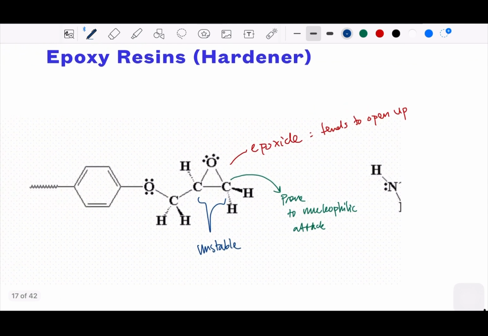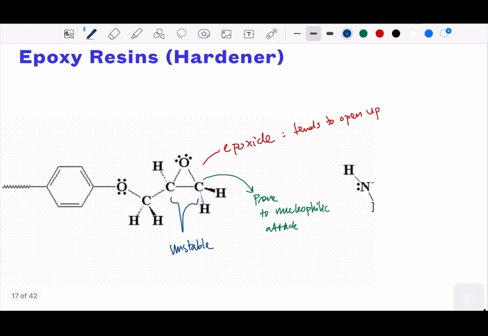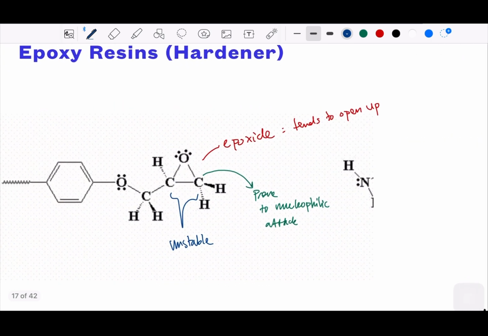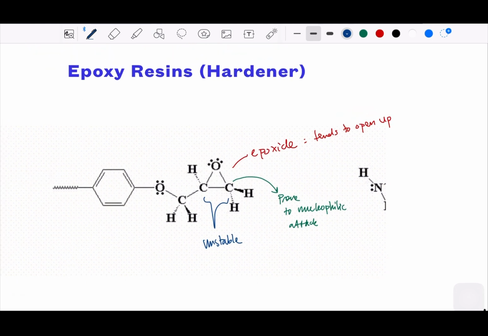Okay, now if we look at some examples here, again, if you want to write, you can write first here, the epoxide tends to open, the carbon is prone to nucleophilic attack.